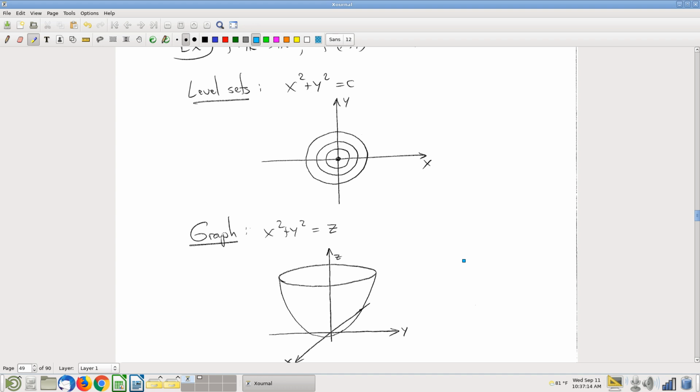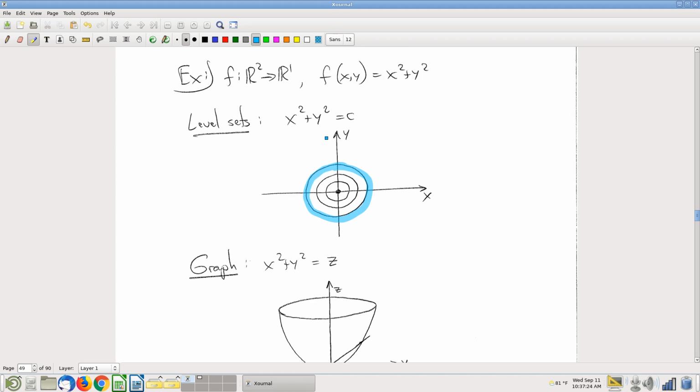Now, not all pictures are graphs. And it's importantly the case. So this picture right here is not a graph of this function. It's a level set. A level set is not a graph. A graph is not a level set. Different things.